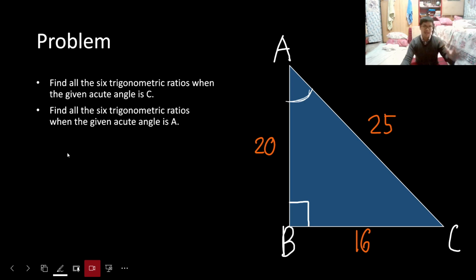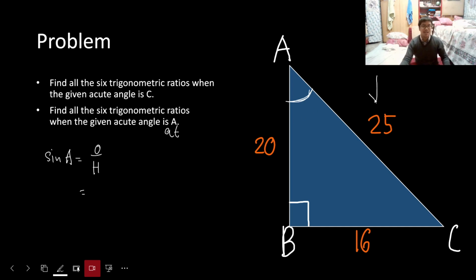Let's start first with the sine. Since we have a given acute angle at A, we will have sine of A. What is sine again? It's opposite all over hypotenuse. So here, which one is your hypotenuse, opposite, and adjacent?